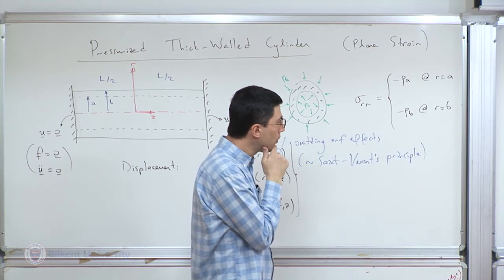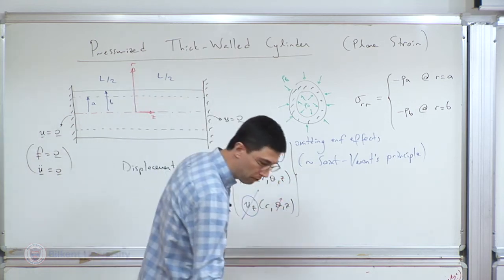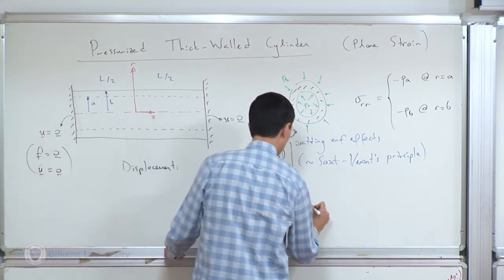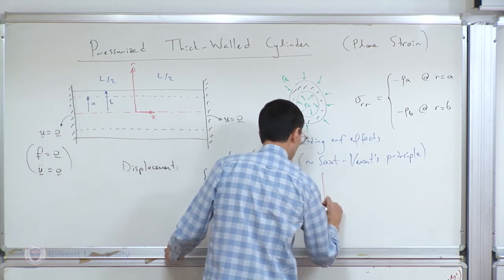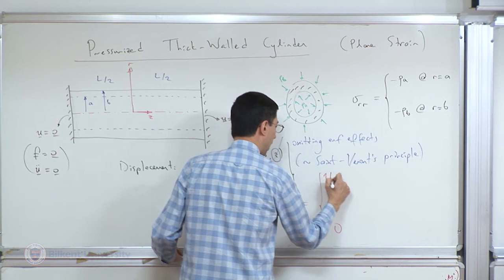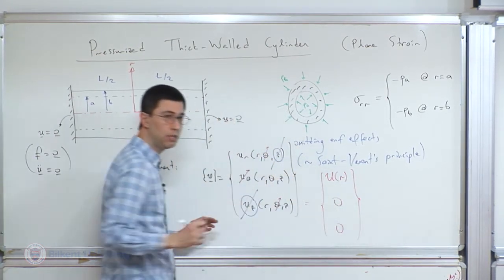Now, before I go ahead and solve the problem, this is the displacement field, and in essence I have simplified it to the point where the displacement field has only a radial component, and that radial component depends only on the radial position in cylindrical coordinates.